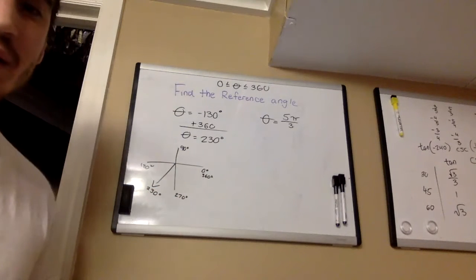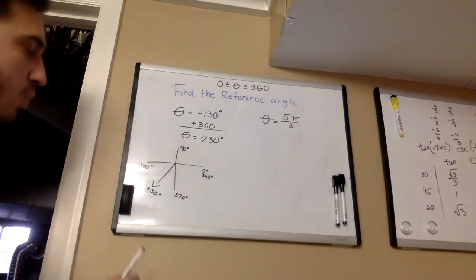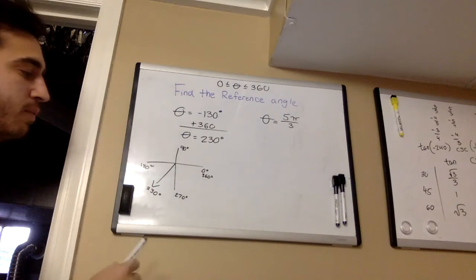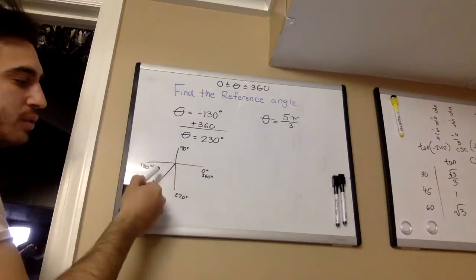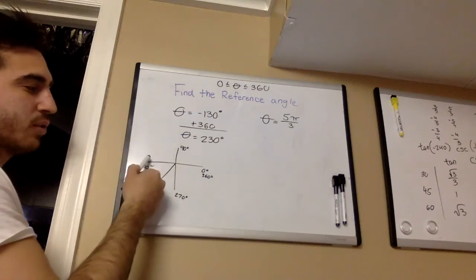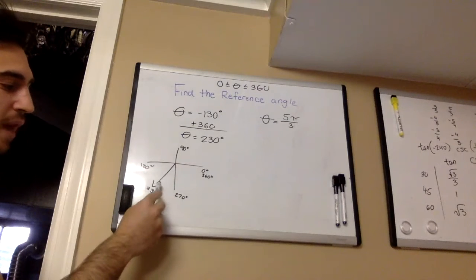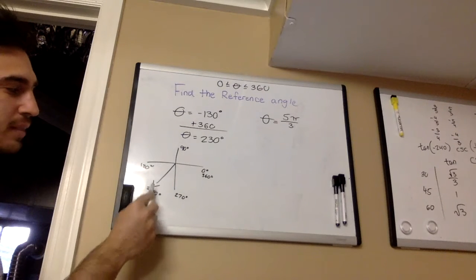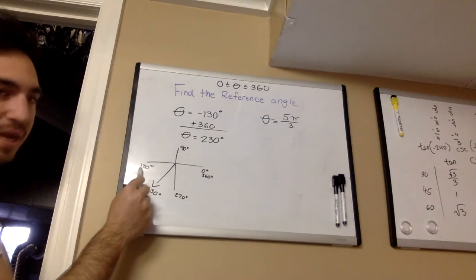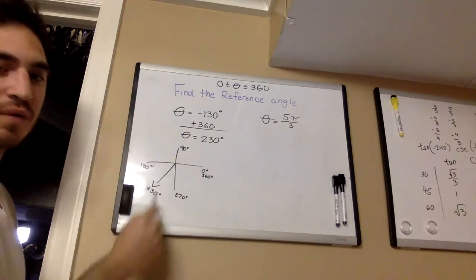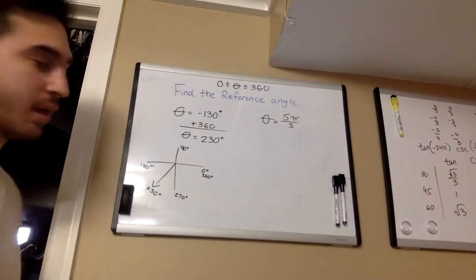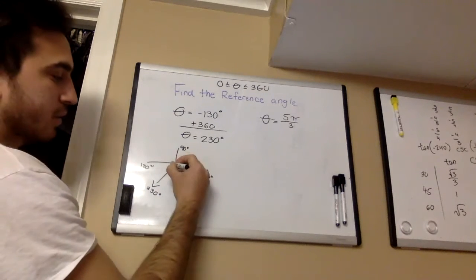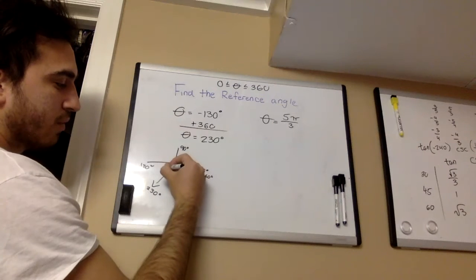Once you find your angle, what you want to do is find the closest distance it is to an x-axis. So if I look here, 230 is closest to 180, and you want to find the difference in degrees. So for example, I am trying to find this angle right here.